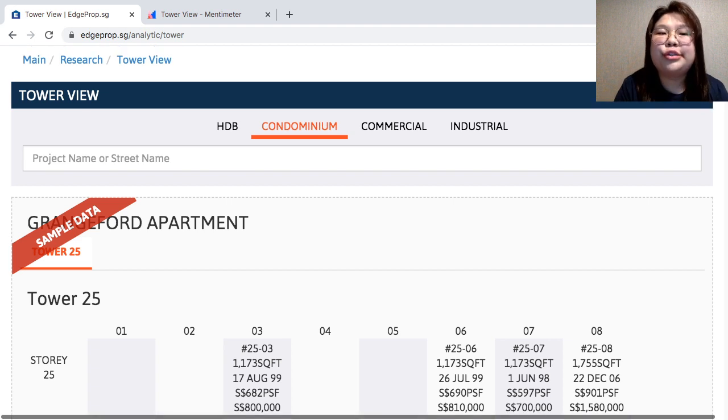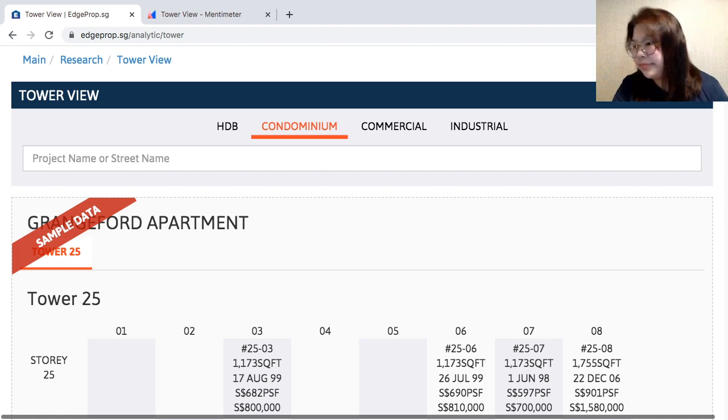You will have to use Street View, which we'll touch on later. Other kinds of property types that don't work for Tower View would be your shop houses. Your private shop houses, you can't use Tower View because they are standalone houses on their own. And of course, standalone factories also cannot use Tower View because you must have story and stack. So technically, there must be a unit number to it.